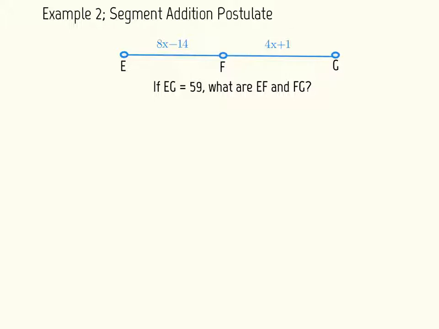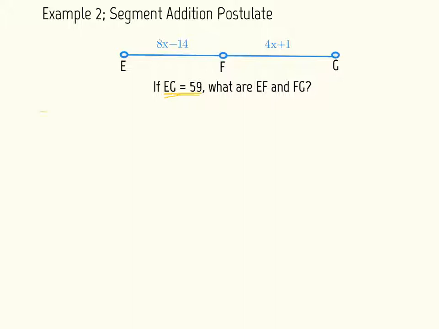For this next example, we're going to use this segment to find EF and FG. So we know that 8x minus 14 is EF, and 4x plus 1 is FG, and we also know that EG is equal to 59. So the entire segment is 59.